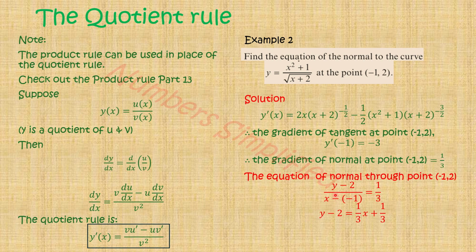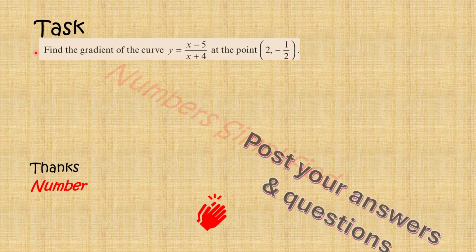So firstly, we move the denominator on the left-hand side to the right-hand side, so that we have y minus 2 is equal to a third of x plus a third. Then moving the 2 to the other side, we end up having y is equal to a third of x plus 2 and a third. Now that gives us the equation of the normal through the point minus 1, 2.